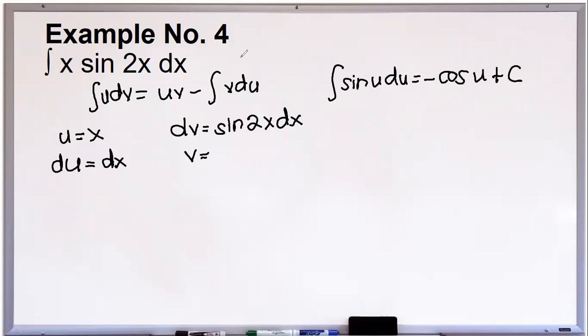Ang problema natin dito is ang angle mo is 2x. So, ano gagawin mo? So, try natin kunin yung kanyang equivalent derivative, di ba? Di ba alam natin ang derivative of sine u is cosine u du. Pero dahil ang angle mo is 2x, pag nag-substitution mo siya, ganito.